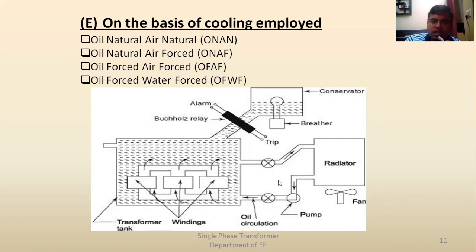This is applied when the temperature of the transformer is within certain limits. As the temperature of the transformer increases, the second will come into force, that is oil natural, air forced. Oil will be naturally flowing, but this fan will start so that it cools quickly. Again, if the temperature rises further, oil will also be forced.